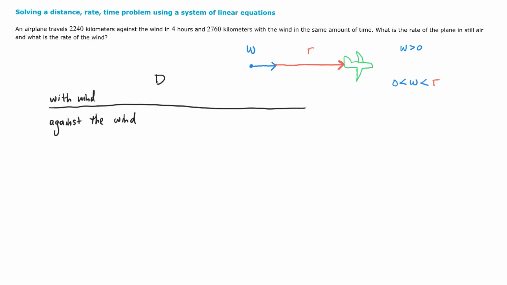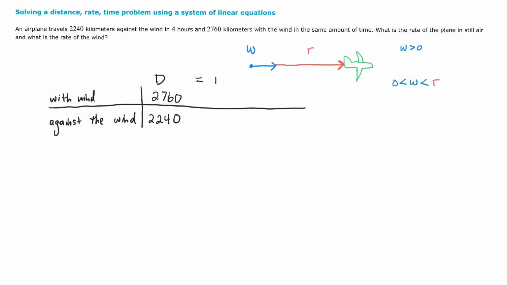And what is the distance with the wind? 2,760 kilometers. Against the wind, 2,240 kilometers.